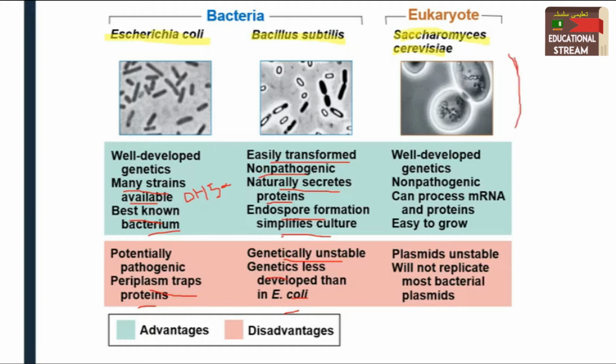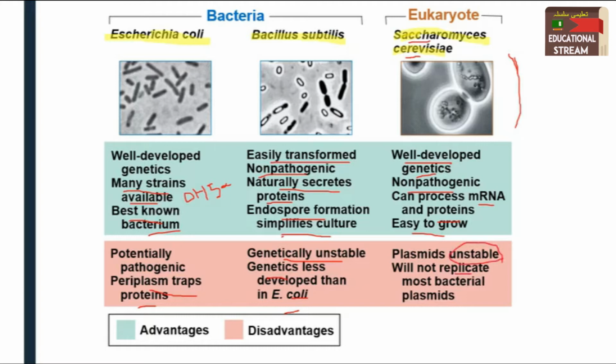For that purpose, the model organism is Saccharomyces cerevisiae, and this has well-developed genetics. It is non-pathogenic. It can process messenger RNA and proteins, and it is easy to grow. But its disadvantage is that it is unstable.